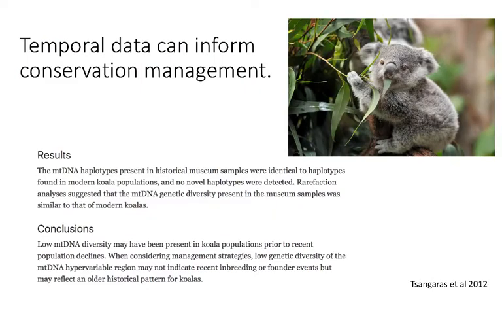Speaking of our friend the koala, another benefit of using this temporal data approach is that it can inform conservation management. So what I mean by that is this is a screenshot of the results and conclusions summary from this paper I've cited here. What they did in this paper with the koalas is use historical museum samples. So again, that's often the way you can look at allele frequencies from the past.